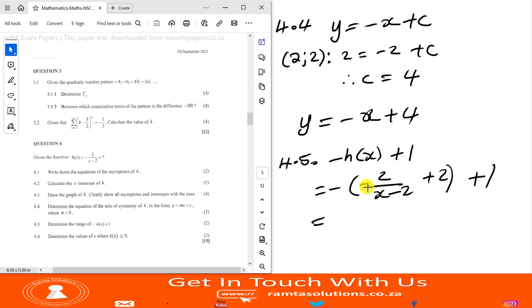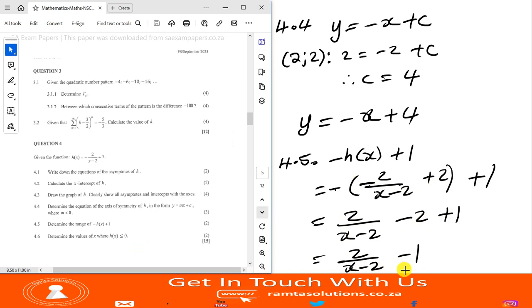What is this? Negative times negative is positive, so this is 2 over x minus 3. Negative times positive is negative 2 plus 1. So this then becomes 2 over x minus 1. So what is the range?